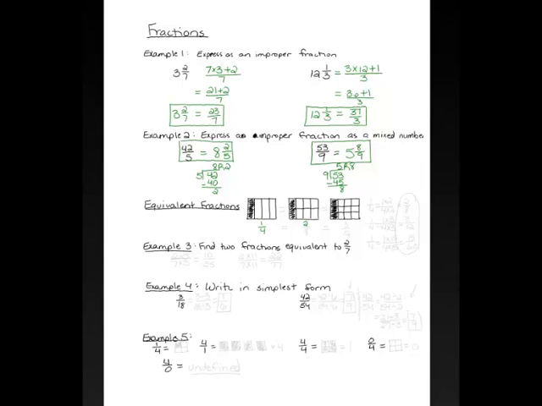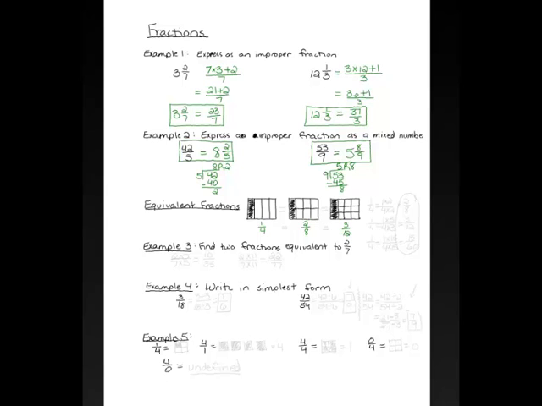So this represents 2/8. And the last one, we have the diagram divided up into 12 equal pieces, 3 of which are shaded. This represents the fraction 3/12. Now if you look at these diagrams, it's important to notice that the same amount has been shaded in each one.